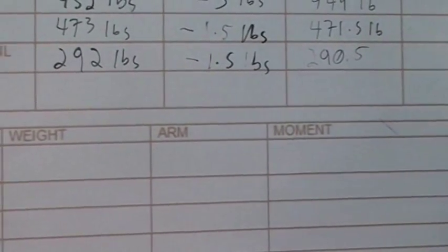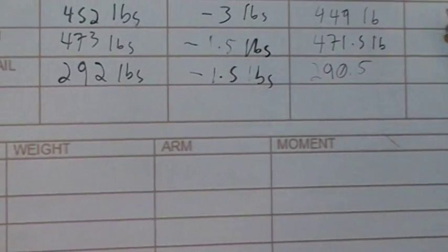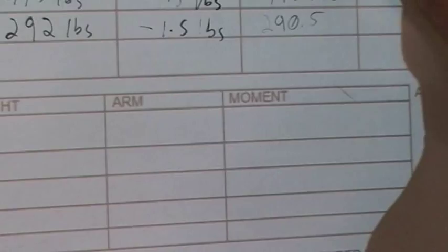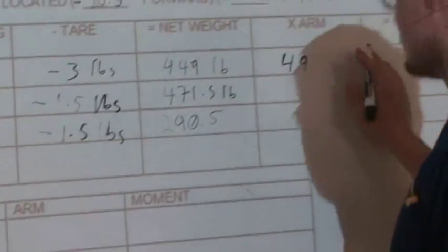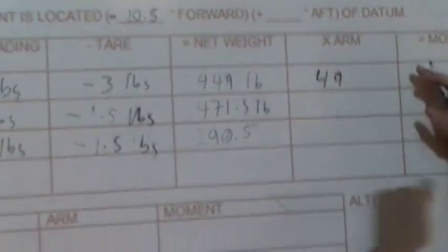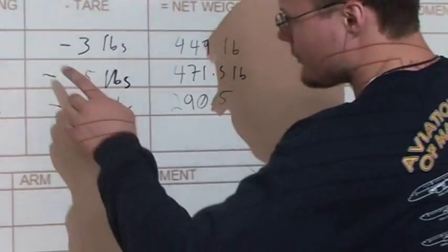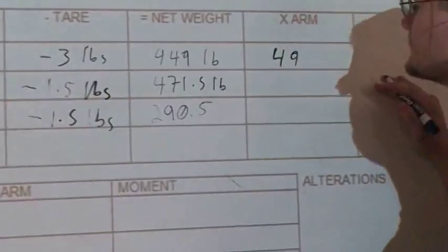Now, the arm for the left main was 49 inches. The arm is given to us by the relationship of where we weighed it to the datum.